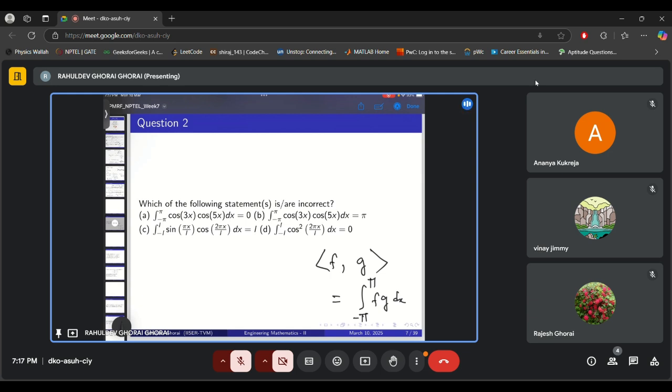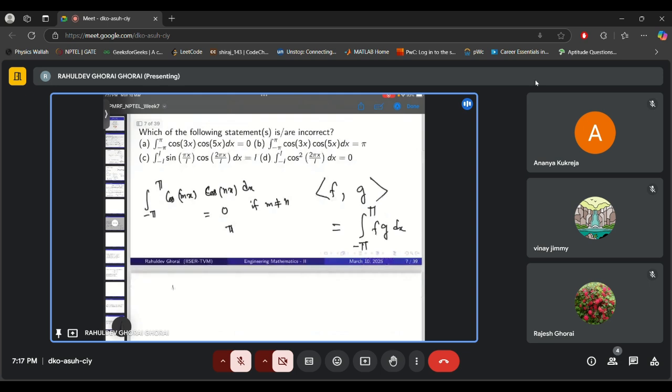Okay, so let's see. Mainly there are orthogonality properties, which say that the integral from minus pi to pi of cos mx cos nx dx will be 0 if m is not equal to n, otherwise it will be pi.